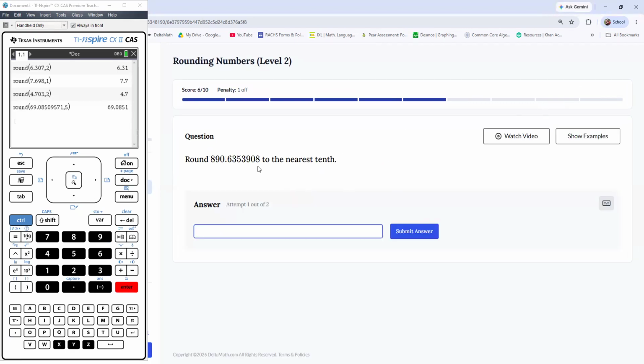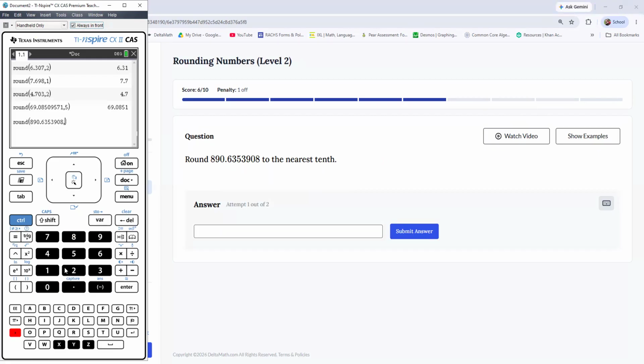All right, this is rounded to the nearest tenth. That means we're going to have 1 decimal place. So menu 281. And we type the number in, 890.635. Now you really don't have to type all of this in if you know it's only going to have 1 decimal place, but I'm going to go ahead and do the problem technically the right way.